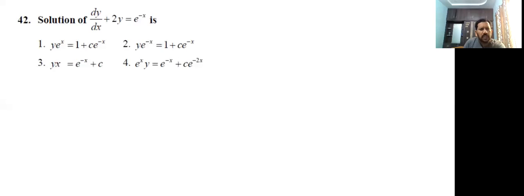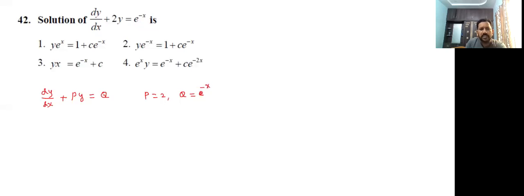Second. Solution of dy/dx plus 2y is equal to e power minus x. Actually, this is in the form dy/dx plus Py equals Q. So what is P, students, here? P is equal to 2 and Q is e power minus x.